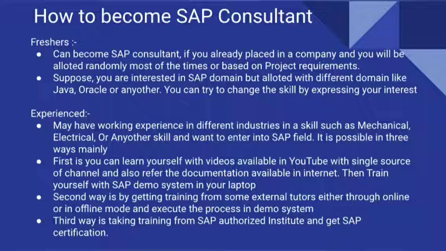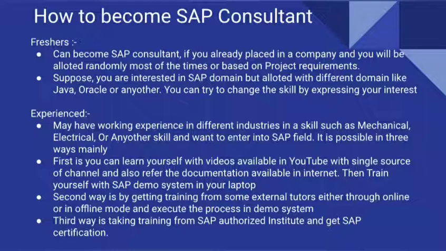The first one is that you can learn all the SAP yourself. You can select one module, whichever is in scope, or that you are interested in, or oriented with your core domain. Say in industry you may work in the quality domain and you want to go into SAP in the same aligned domain, then you can choose quality management in SAP.